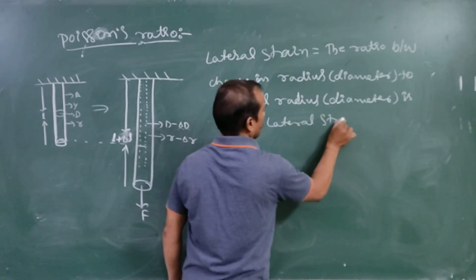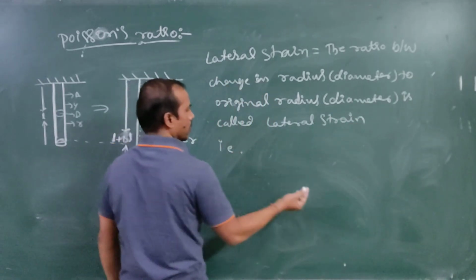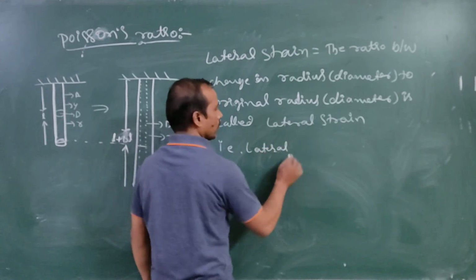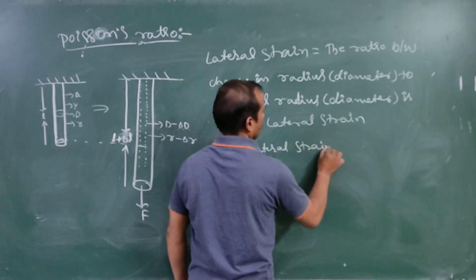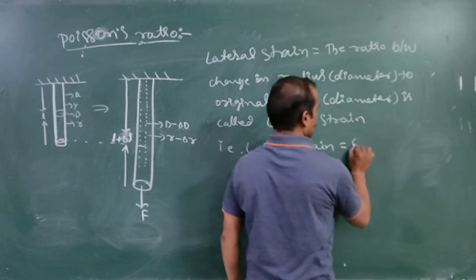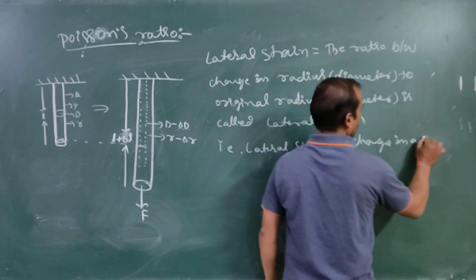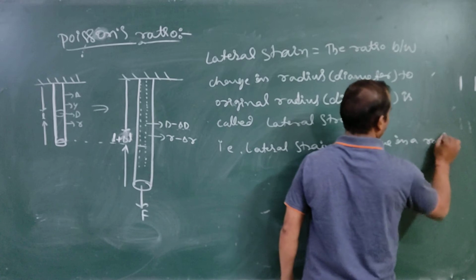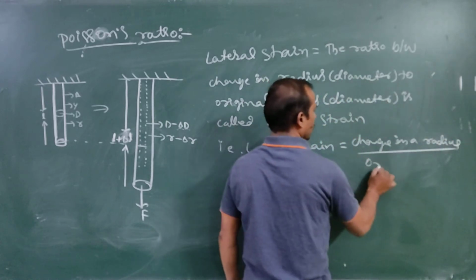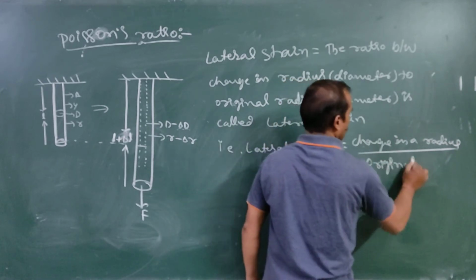So lateral strain is equal to the change in radius by the original radius.